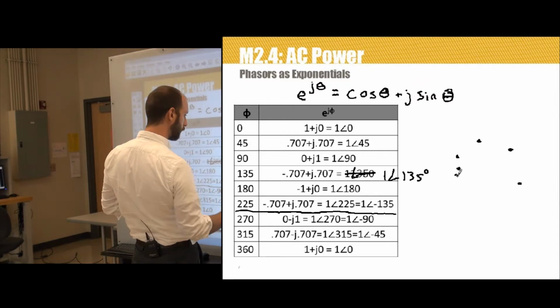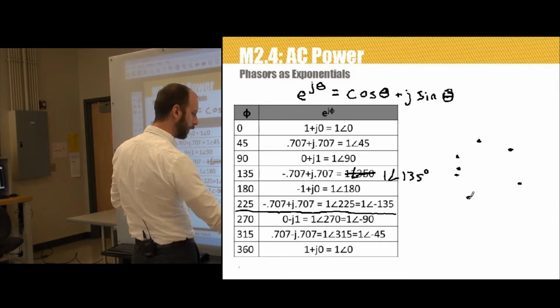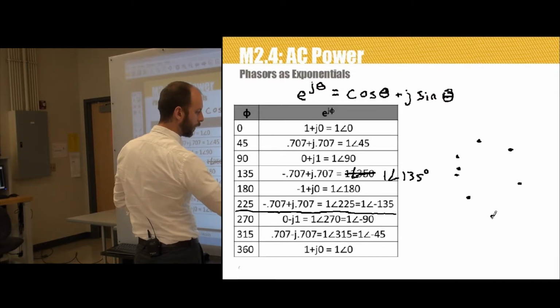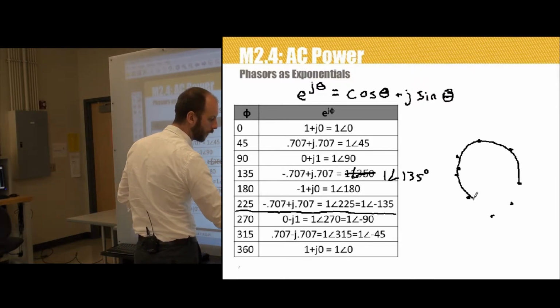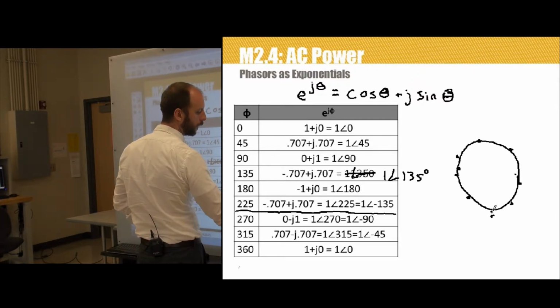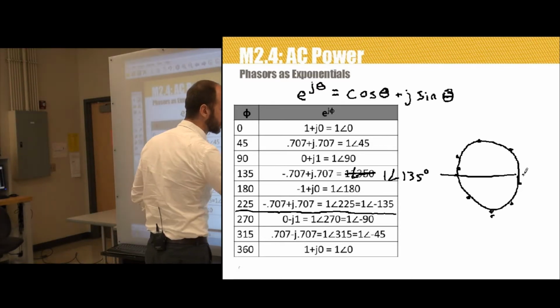That should be right here, right? Then we get negative 135, negative 90, negative 45, back to 0, right? And so, if we were to connect all those dots, and if we're good artists, I guess, we get a circle, right? We get that unit circle again.